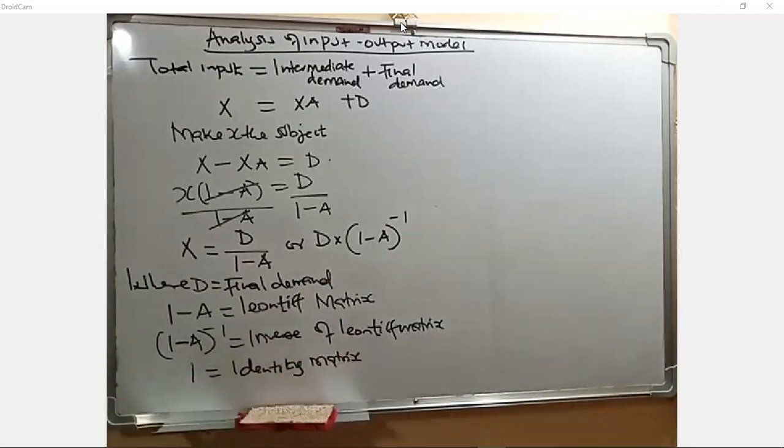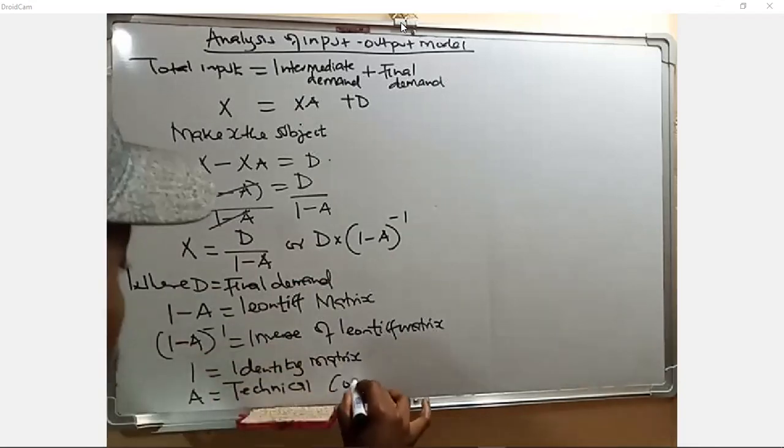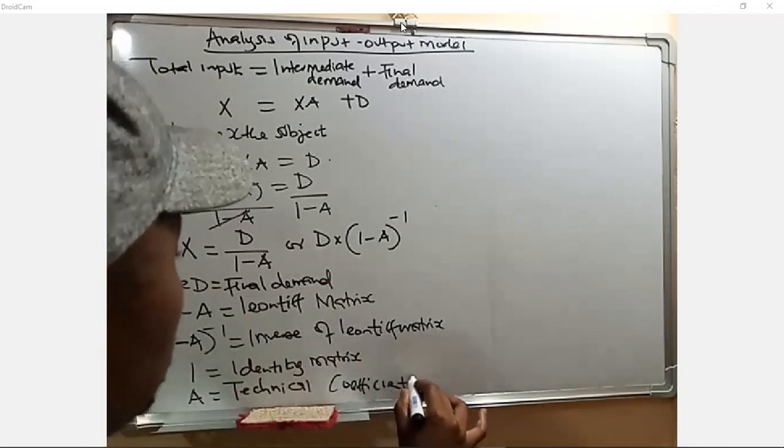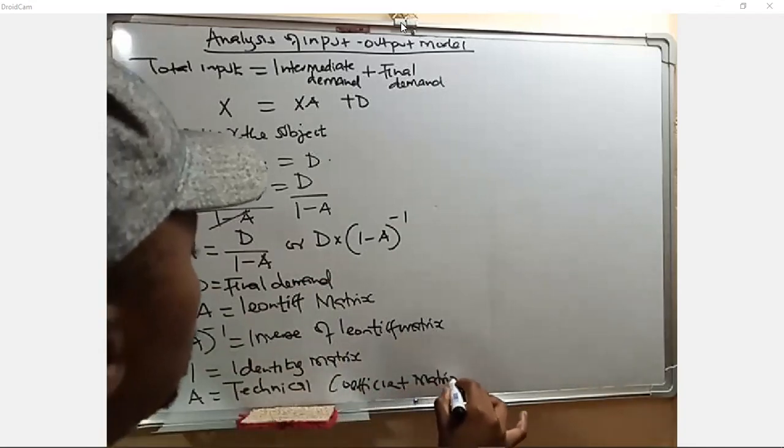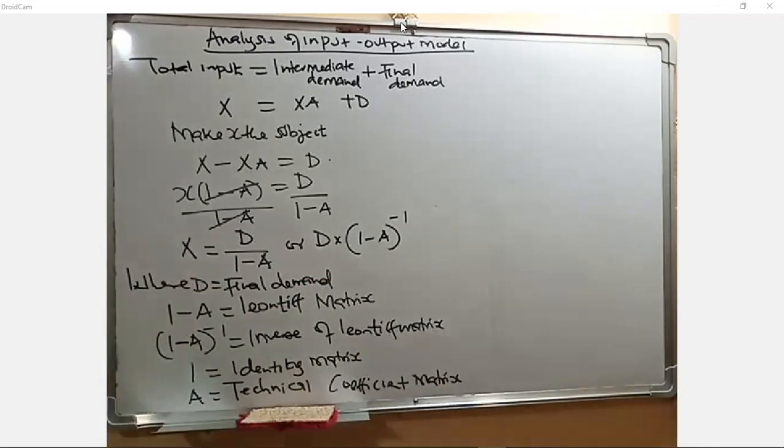Then we have our A, which is the technical coefficient matrix.